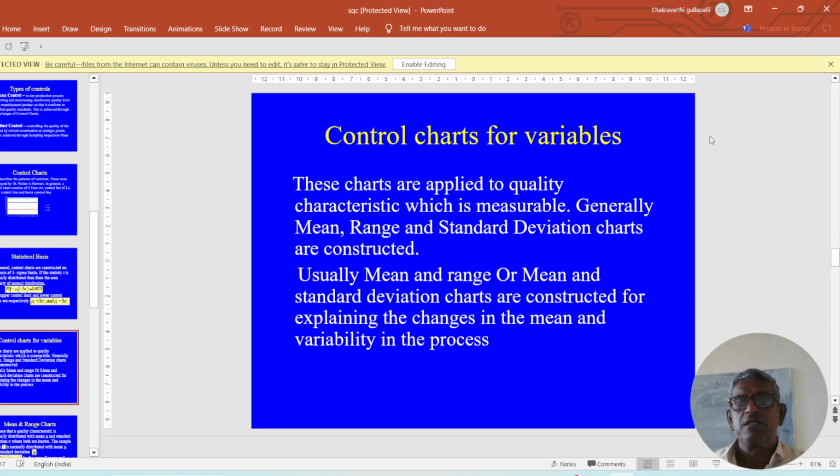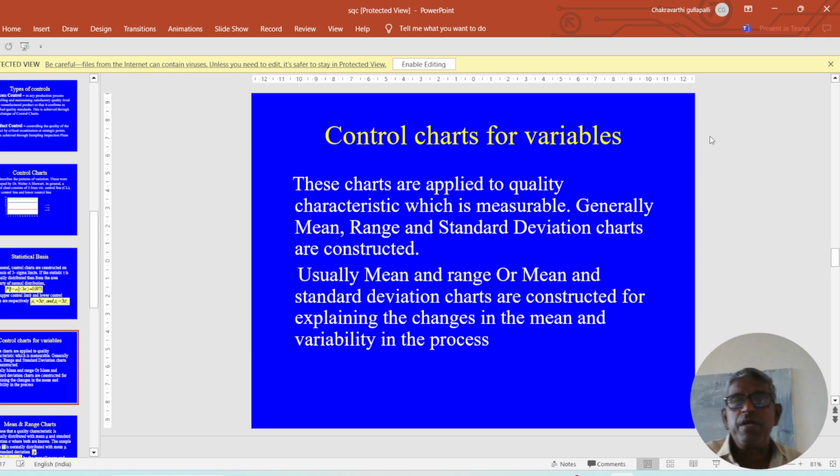Generally, control charts are classified into two types: one is for variables and the other is for attributes. In general, the quantities are classified into two categories: measurable characters and non-measurable characters. The measurable characters are tested for quality purposes, and we use control charts for variables, which are mean and range charts or mean and standard deviation charts.